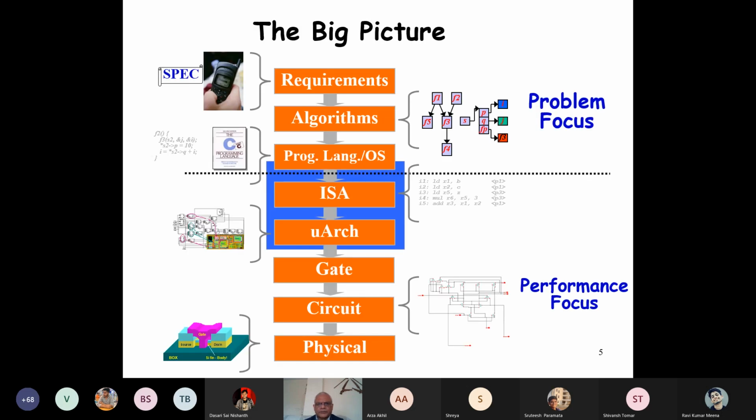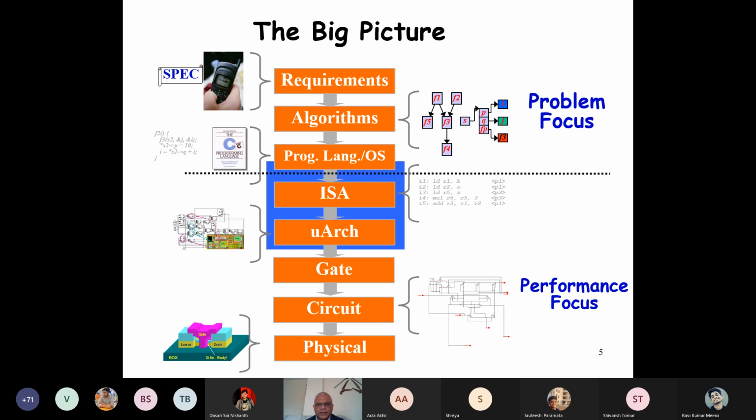This is the big picture. The instruction set architecture is the starting point based on which the compilers etc. are written, and the requirements based on that the algorithms are written, and then these are translated to a specific programming language like C, and the focus here is how to solve the problem.